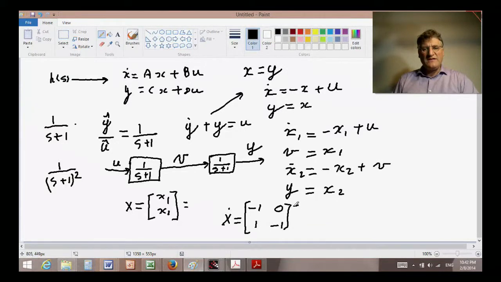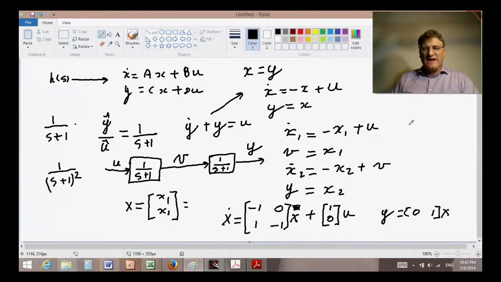So something like this times x plus 1, 0 times u, and y is equal to 0, 1 times x.